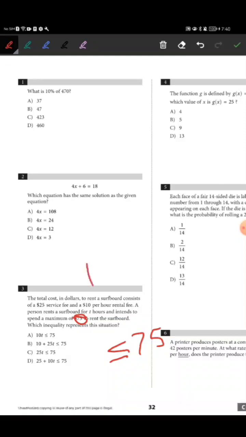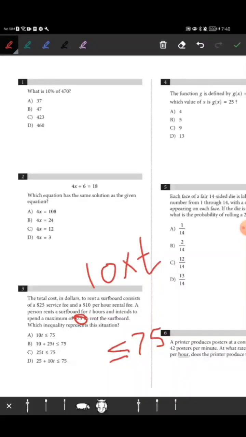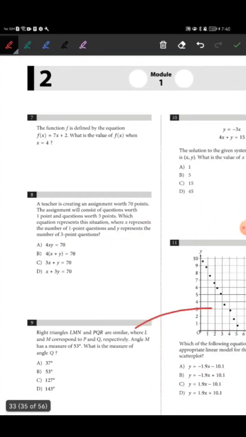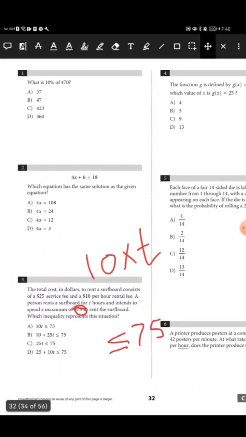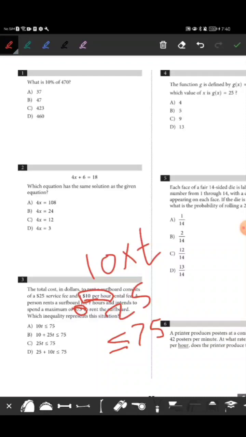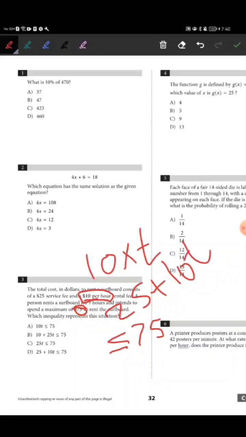So 10 multiplied by t, because $10 is the number that changes by time, and $25 is the standard fee for the surfboard rent. So 25 plus 10t is less than or equal to 75. So the answer is D.